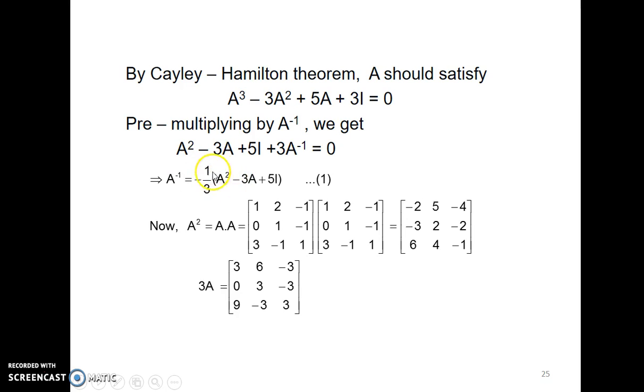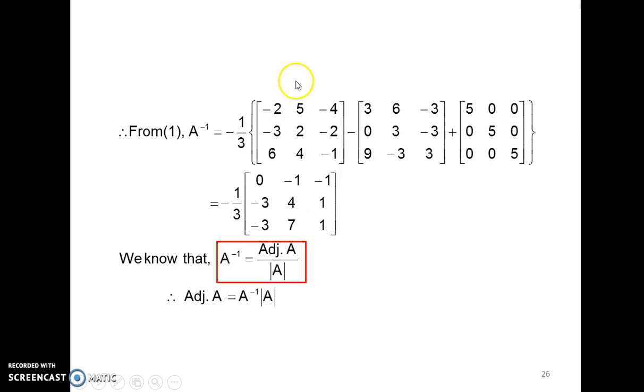We need A square, which we can find. Then, once we get A inverse, we already know the formula for A inverse using the adjoint. So the adjoint of A is A inverse times the determinant of A. So this is another use of the Cayley-Hamilton theorem: we can find the adjoint of A.